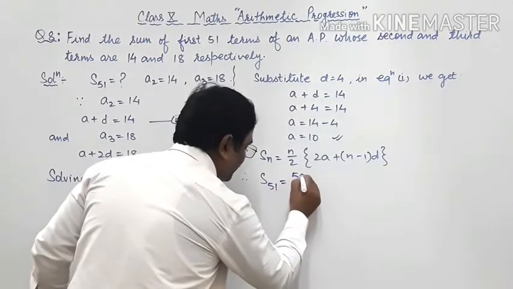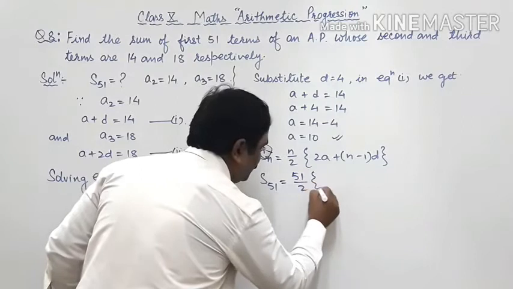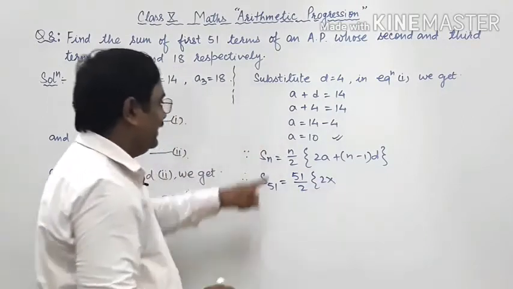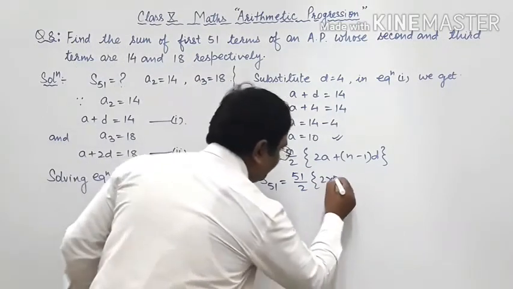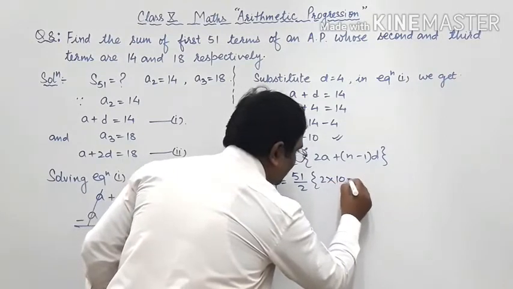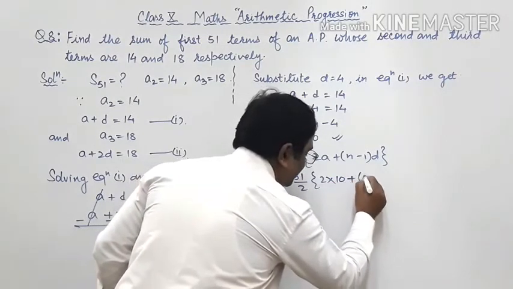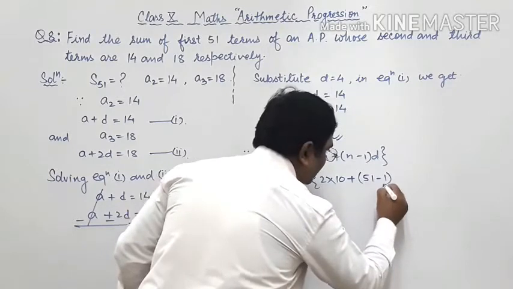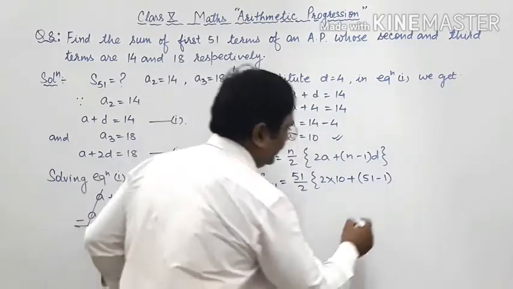So 51 upon 2 multiplied by A is equal to 10, plus n is 51 minus 1 into D, the value of D is 4.